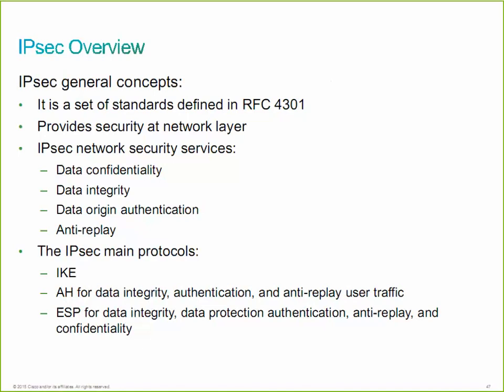IPSec protects one path, or it can protect many paths between a pair of devices. The protocol itself provides IP network layer encryption, and in order to do that, we have to have a new set of headers added to the IP datagram so that we can transport that encrypted data across the network.